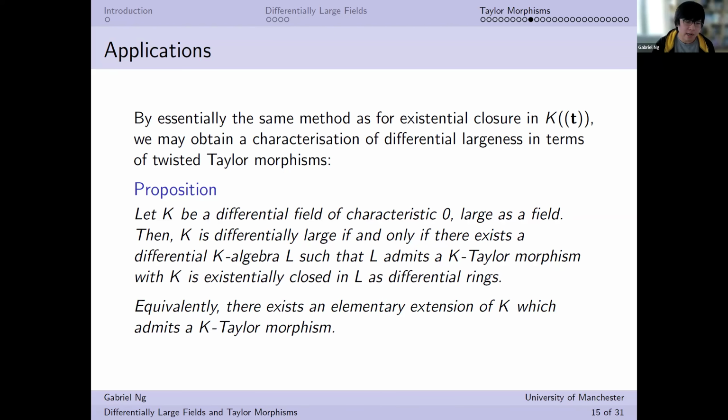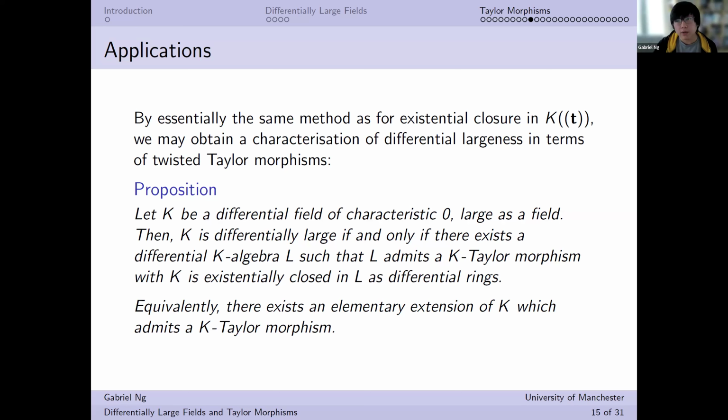This is analogous to the previous result, which said that K is differentially large if and only if it is existentially closed in K[[T]], because in that case you get that K is large for free because of the existential closure. Essentially, the proof goes in exactly the same way. Equivalently, you can also say that there is an elementary extension of K which admits a K-Taylor morphism.